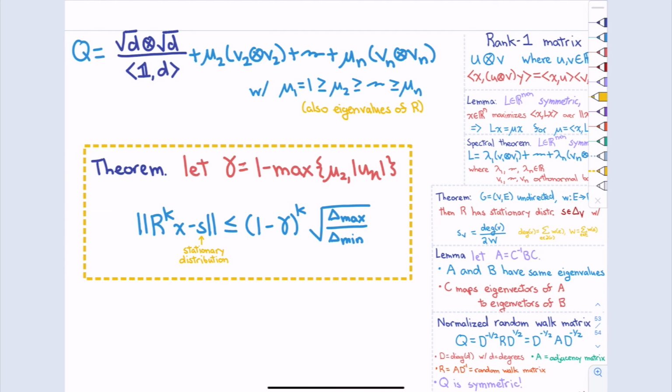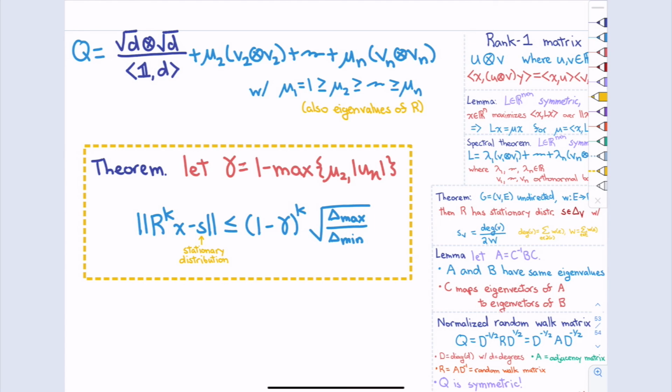But I think what's going on in the proof is we know that symmetric matrices are diagonalizable, so we know what powers of diagonal matrices look like, right? Because it just takes all the entries and takes the kth power. A random walk is not a symmetric matrix, but it's similar to a symmetric matrix, which means it's similar to a diagonal matrix.